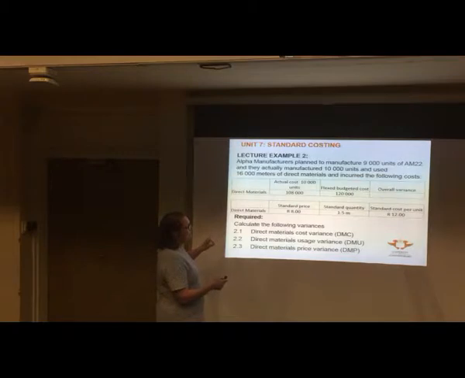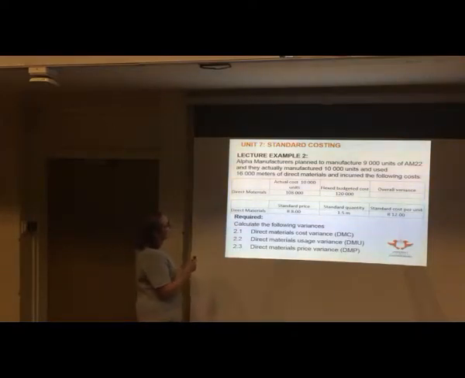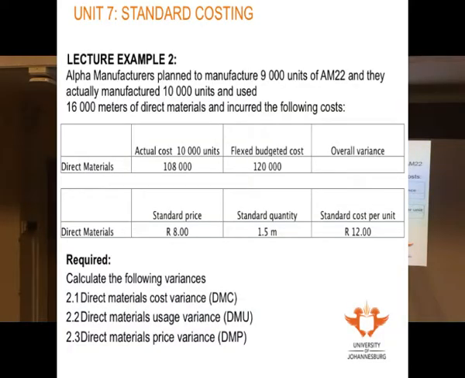We've got the flexed budgeted cost of 120,000, and we've got the actual cost of 108,000. So we used 16,000 meters. If we take 108,000 divided by 16,000 meters, we're going to get a price per meter. Can you see that?